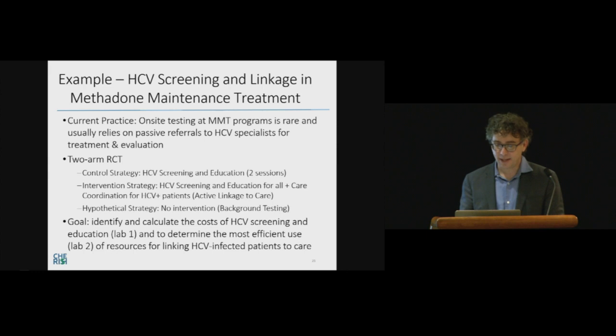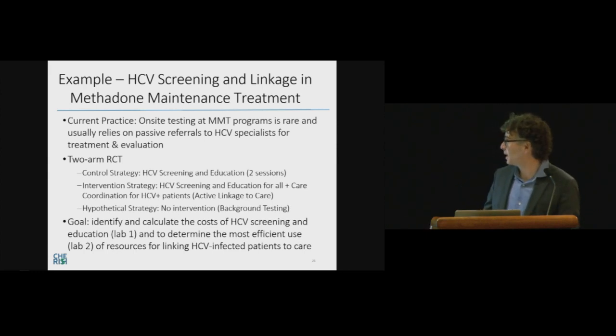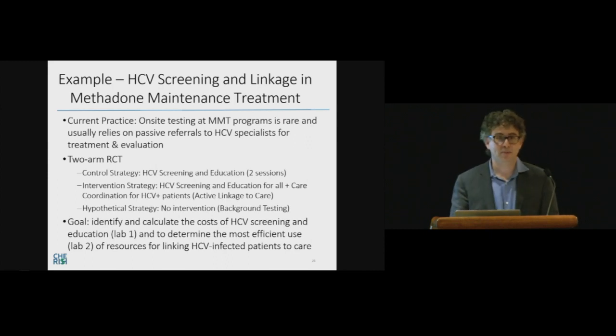But notice that it says background testing, right? We want a hypothetical that's still realistic. It might not be one that was in the trial, but we don't want it to be one that couldn't ever happen on Earth. And so it's important in the hypothetical no intervention to recognize that if we do nothing, it doesn't mean that no one's going to be tested for hepatitis C ever in their life.